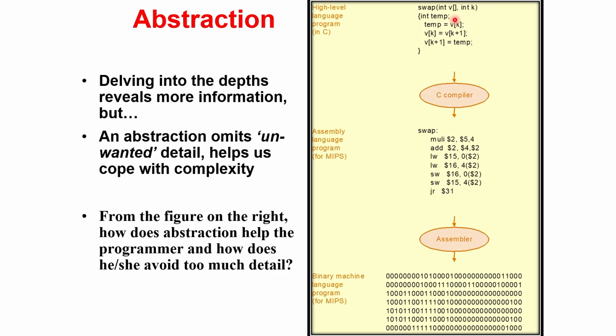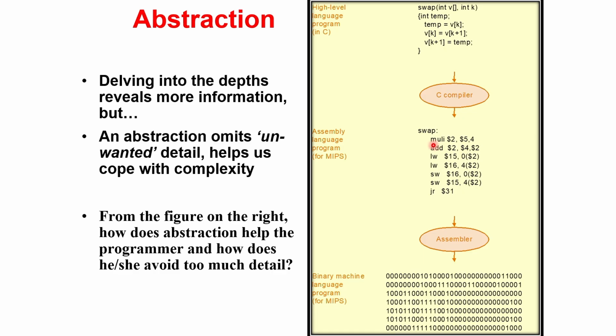So the C compiler translates this high level code into an assembly language program, in this case for the MIPS architecture. MIPS is microprocessor without interlocked pipeline stages, and we will be using MIPS for the assembly language in this course.